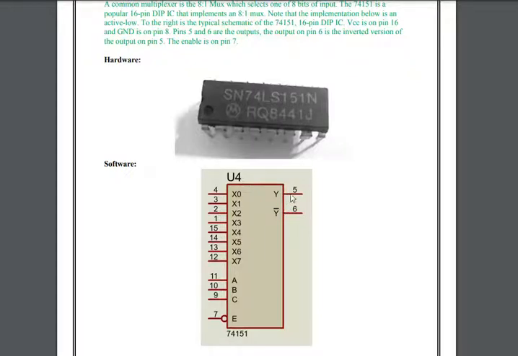So if Y is 1, then Y bar will automatically be 0. If I give 0 0 1 at the selection lines, then the input connected to the output will be X1, which is the second input. This will be connected to the output.